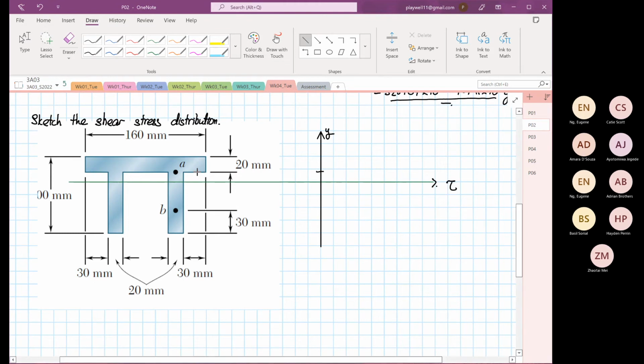So this is from here. So how this will look is this, okay? So you have from 0, it will then look like this. And because the change in thickness occurs, it will go up this way, right? And then from here, it will end up looking like this.